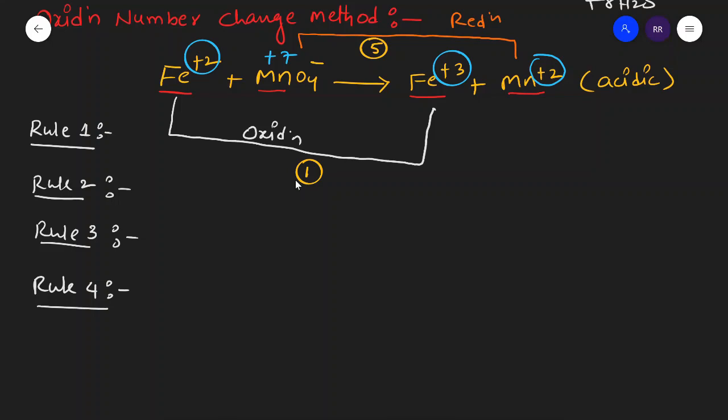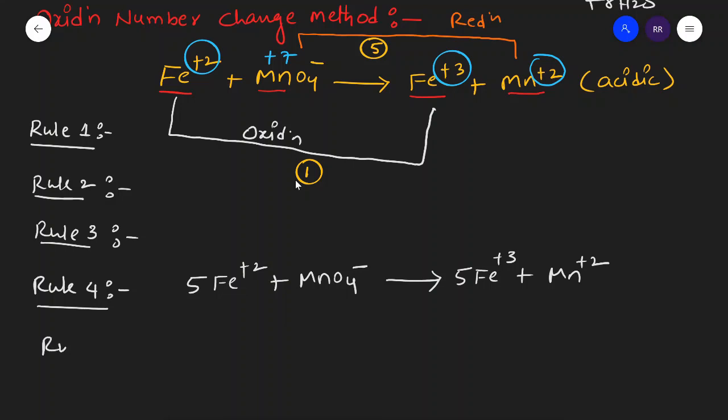If you do it that way, we will get 5 moles of Fe2+ and 1 mole of MnO4- gives rise to 5 moles of Fe3+ and 1 mole of Mn2+. So this is rule 4.